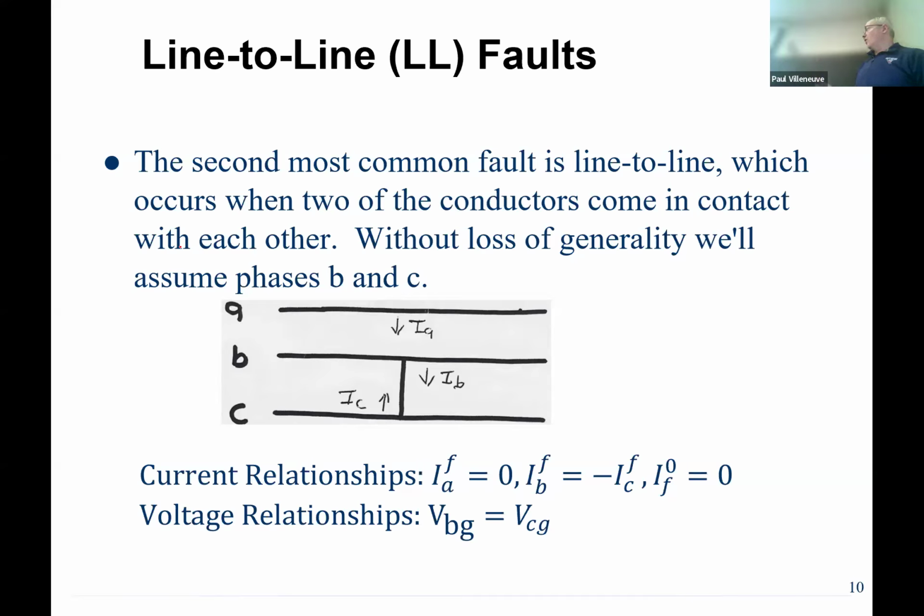So the fault current going to ground is equal to zero, but the fault currents going from B and C are in opposite directions. One's going up and one's going down. IA has no fault current. That's zero. There's no connection. And similarly, we can say that VB and VC are going to be the same because there's a short circuit between the two. So those voltages are equal to each other.